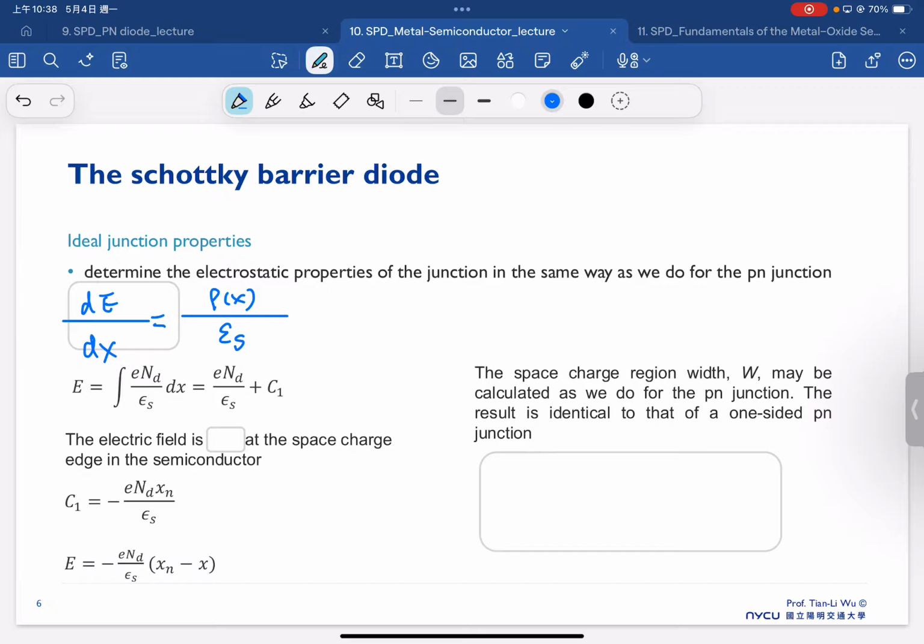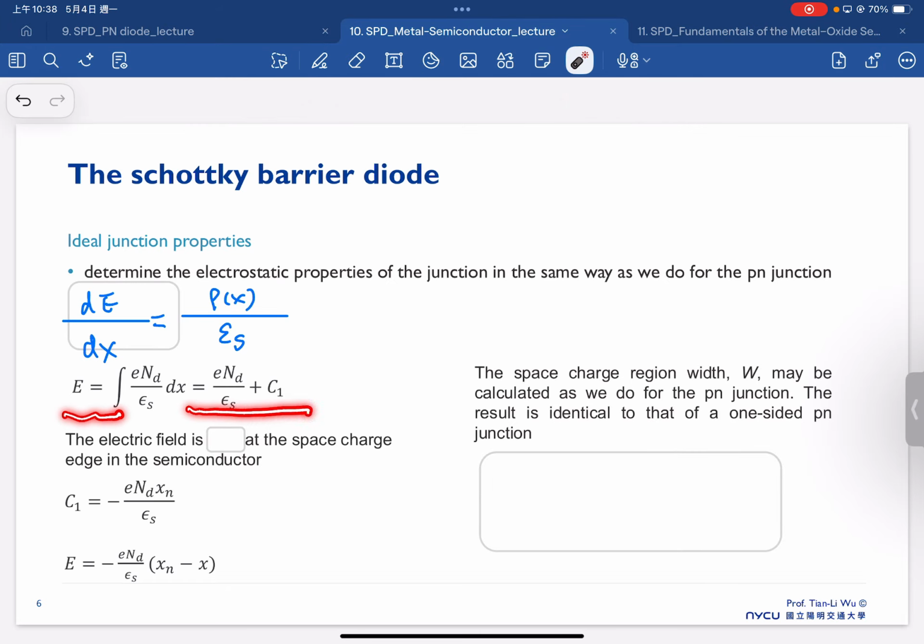To analyze the electric field, we integrate this, and we get this term.